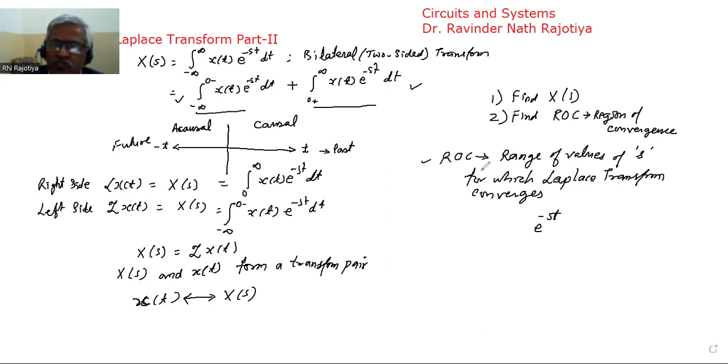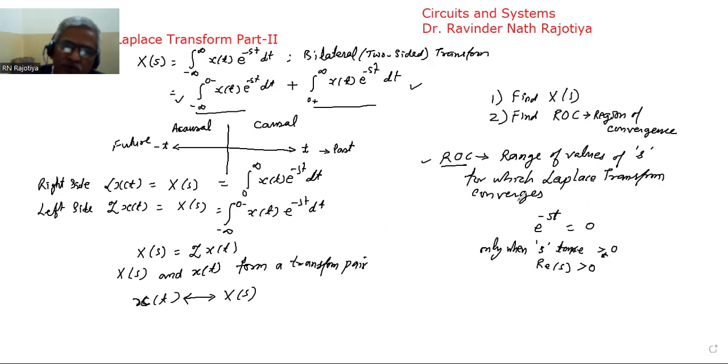To get the ROC, the condition is that e power of minus st should be equal to 0. So when is it possible? It is possible when s takes positive values. So s can take values greater than 0. For all such values of s, the real part of s is greater than 0.